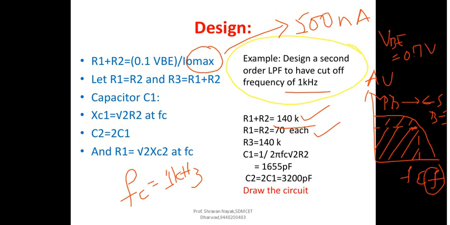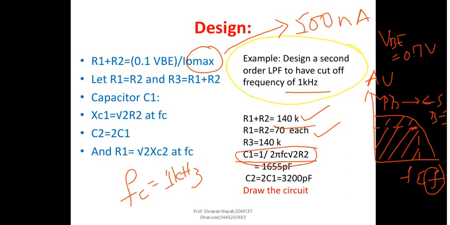Then the capacitance value C1, right? Xc1 equals root 2 R2, so R2 is evaluated. The cutoff frequency is given, so you can modify this equation. Xc1 equals root 2 R2, so C1 equals 1 divided by 2 pi fc into root 2 R2.